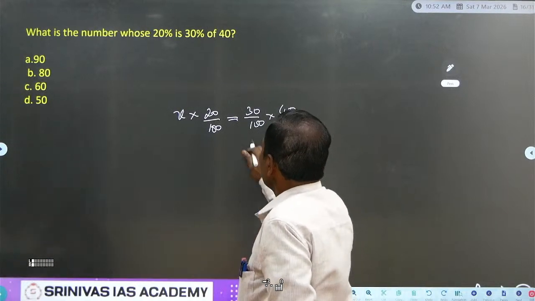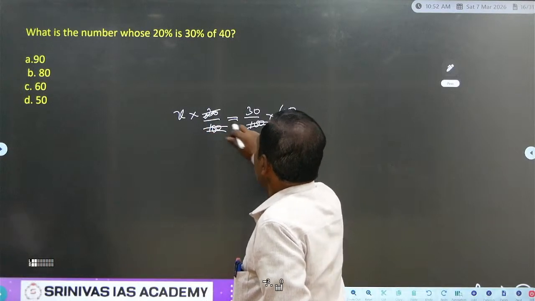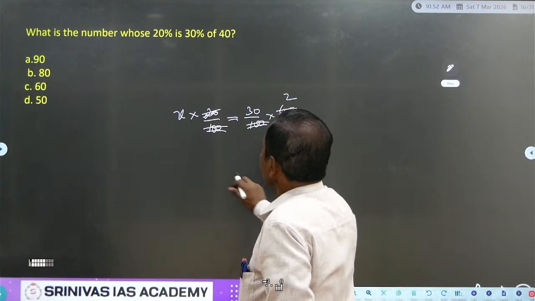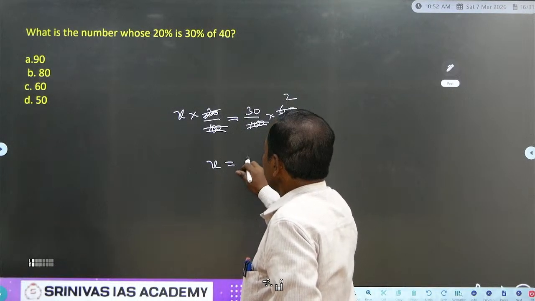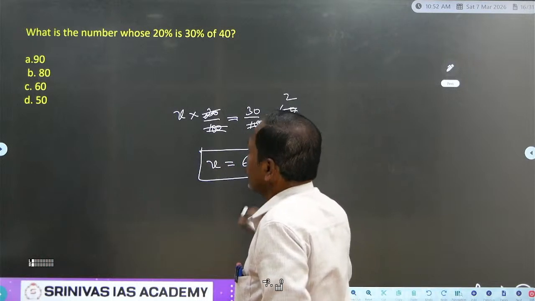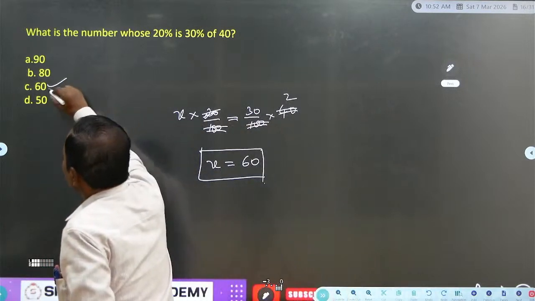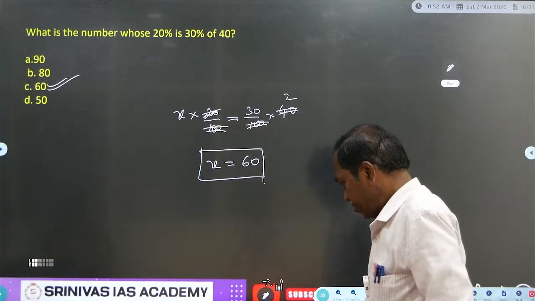Now it's okay. This gets cancelled here, and 20 goes to this one. The X value is 60. Option C.